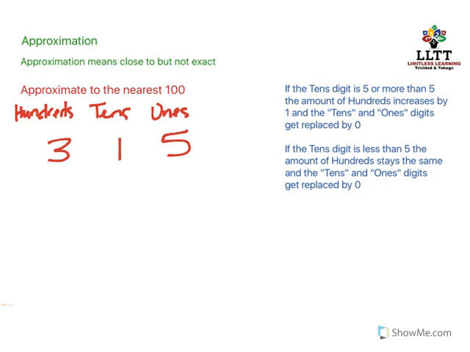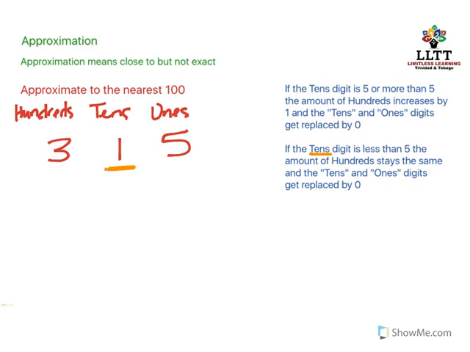Okay, so we have 3 hundreds, 1 ten, and 5 ones. We want to approximate to the nearest 100. What we're going to be looking at is the tens digit. The tens digit is 1. Okay? 1 is less than 5.